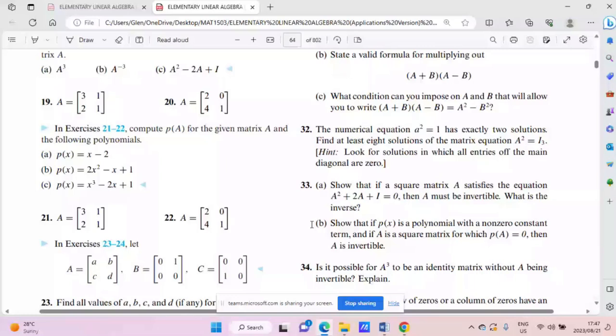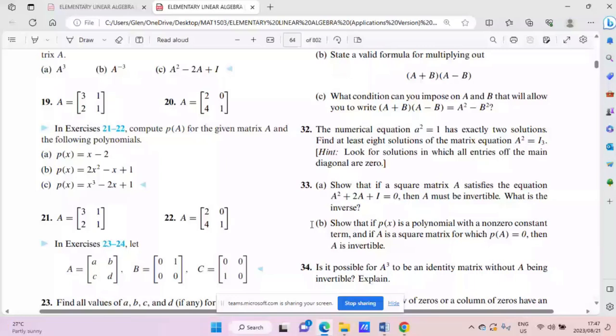So to compute P of A, where there is x, we have to substitute and put A in it. So we have P of A is equal to 2A squared minus A, then plus 1.